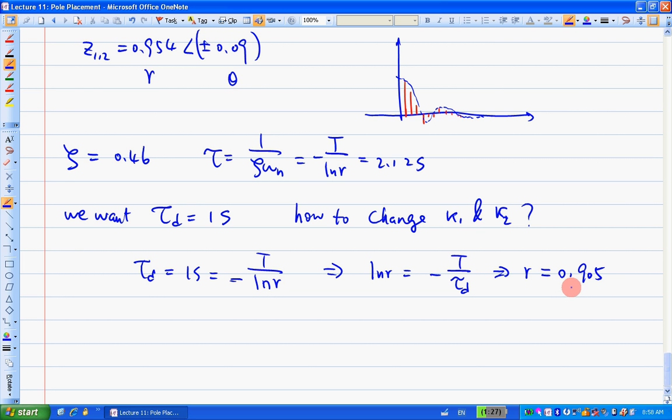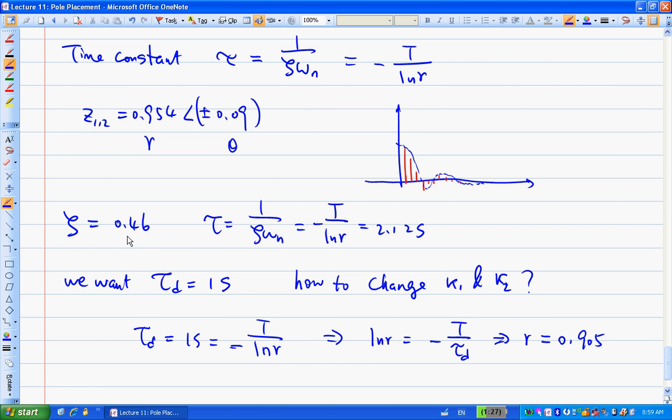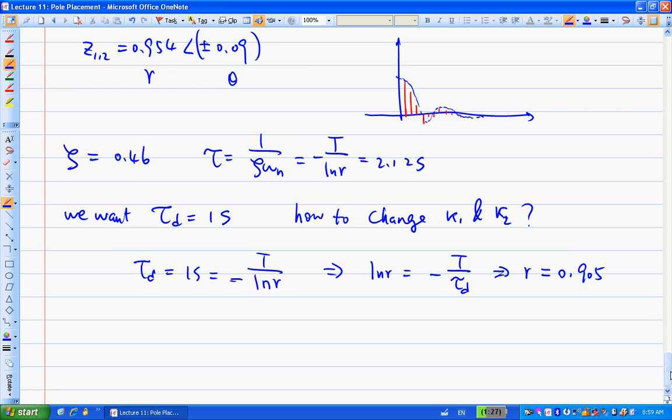So if this is R now, what will be the theta value? Theta can be solved from here. You have R, you have zeta, then you can solve for theta. And zeta is the same value as we kept, 0.46. You might pick a different zeta, since 0.46 is a little bit too small.